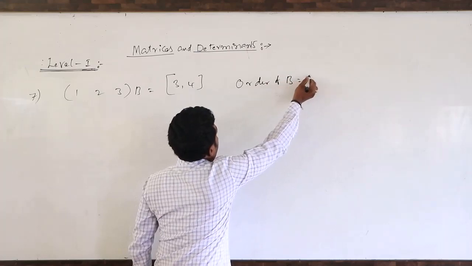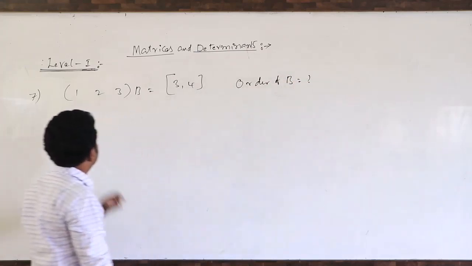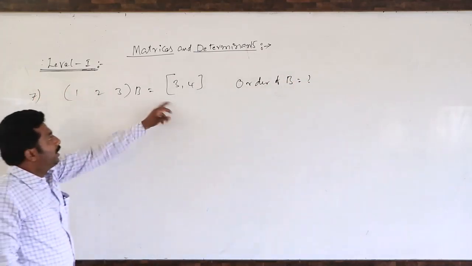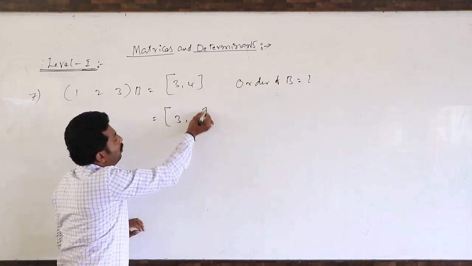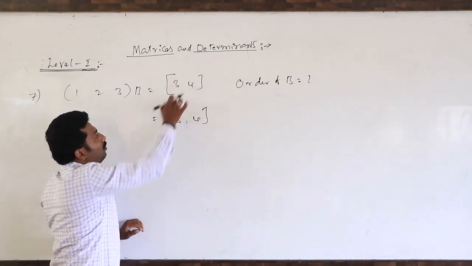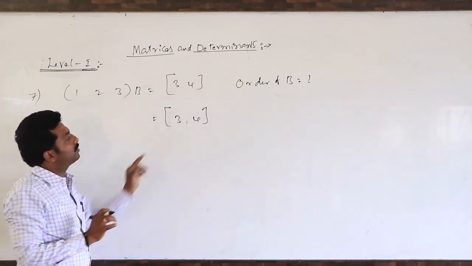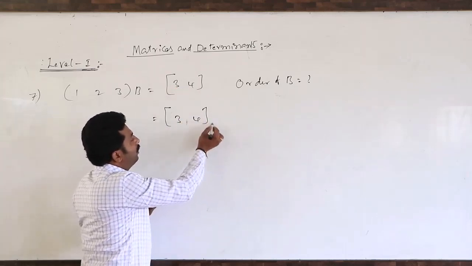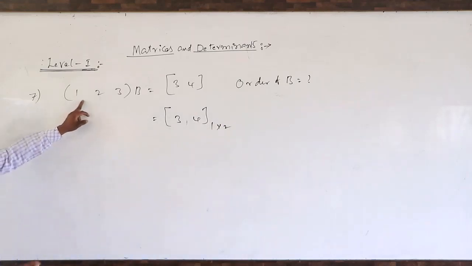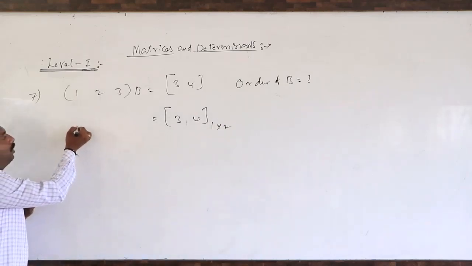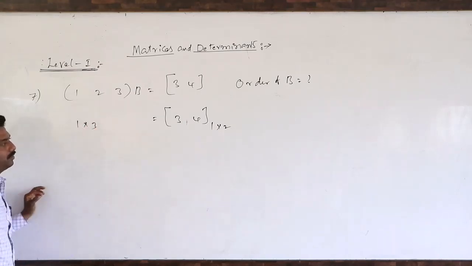To calculate the order of B, observe the right side, [3 4]: one row, 2 columns. This is a 1 by 2 matrix. The matrix A is 1 row, 3 columns.